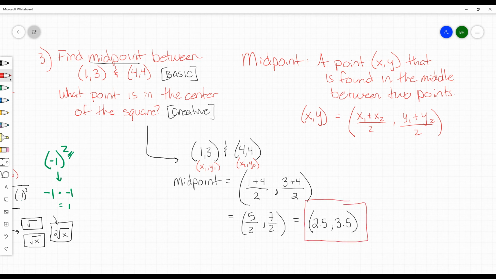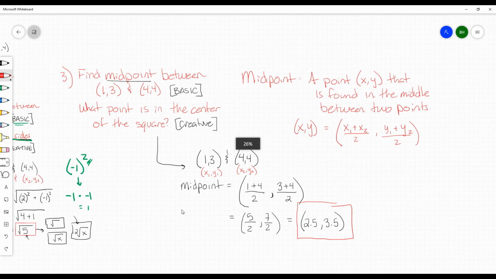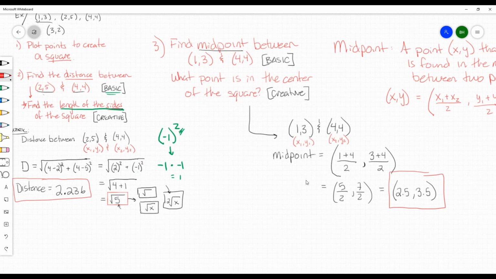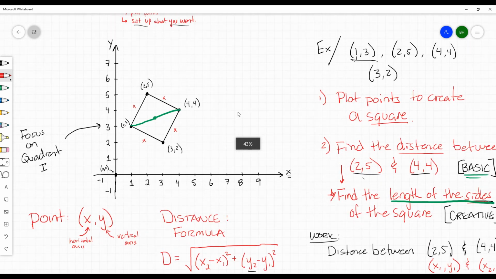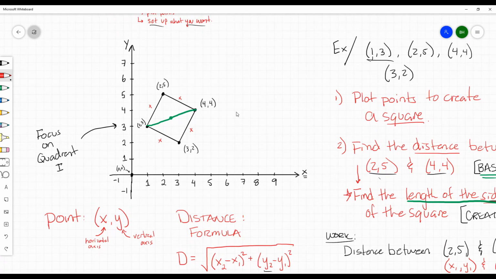Now, I say potentially because we need to test this value on our bigger graph. So we'll take this point, (2.5, 3.5), and let's go see if it's roughly in the middle between these 2 points that we have on our graph. So I'm going to keep this green line here in between these 2 points because we want to verify that it's right there.